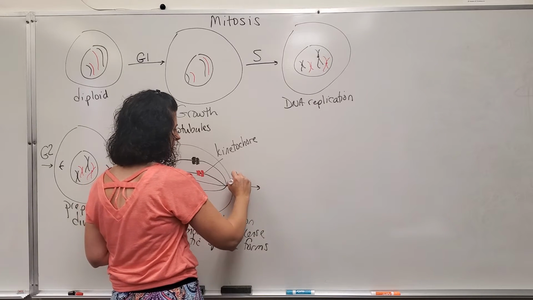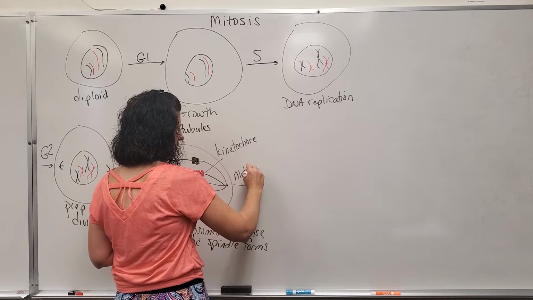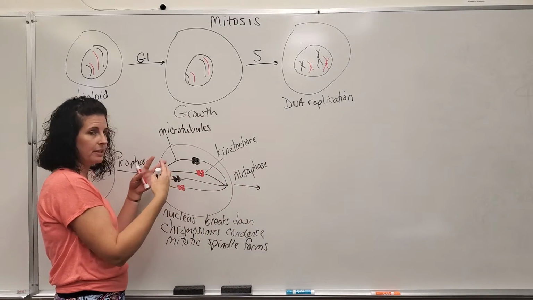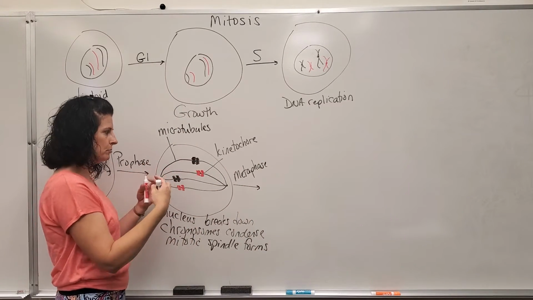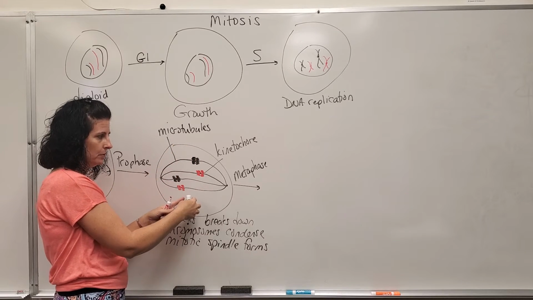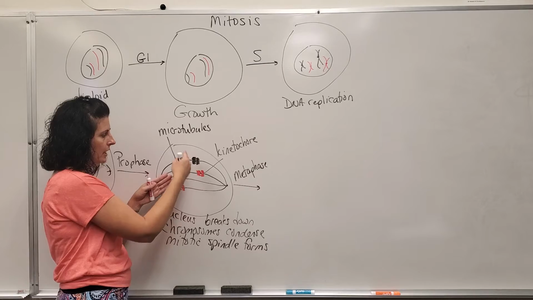Now what happens during metaphase is these microtubules, they're going to play kind of tug of war. They're going to push and pull until these chromosomes line up physically in the middle, so middle of the cell.